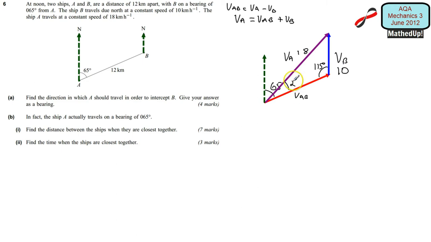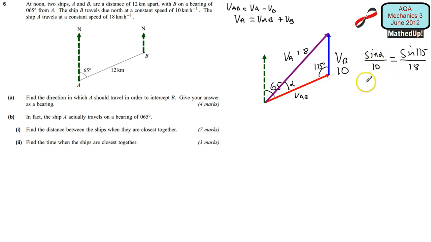Using the sine rule, I should be able to work out this angle, because sine of alpha over 10 is equal to the sine of 115 over 18.